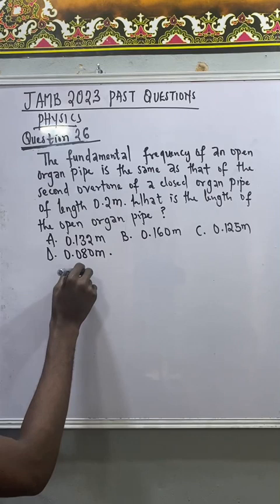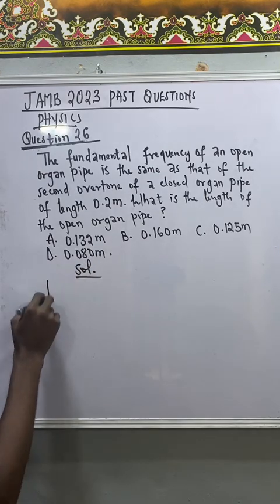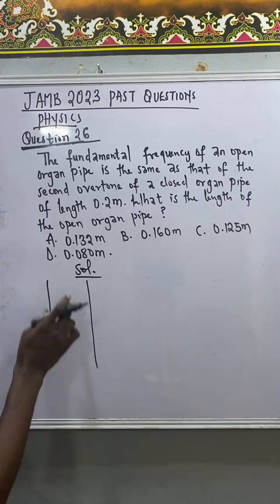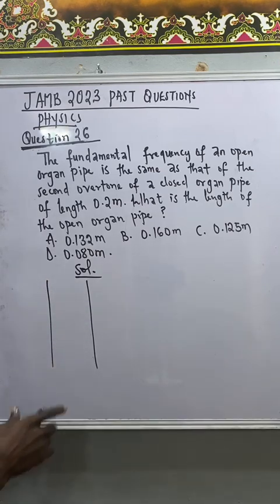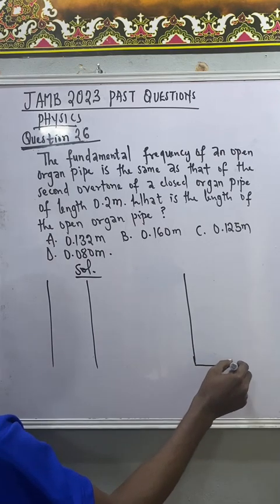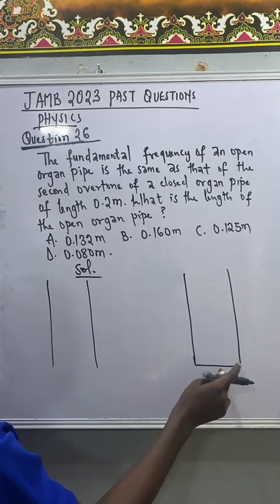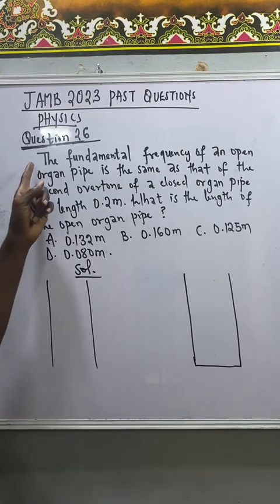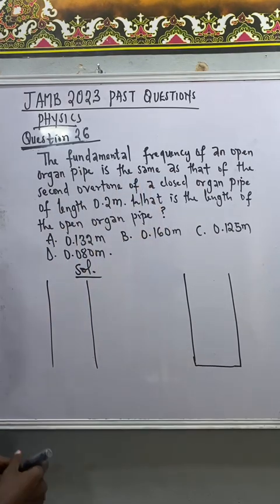We have the open organ pipe, such that the two ends of the pipe are open, and then we have the closed pipe, in which one end is open and the other is closed.